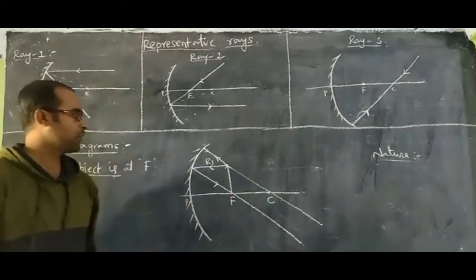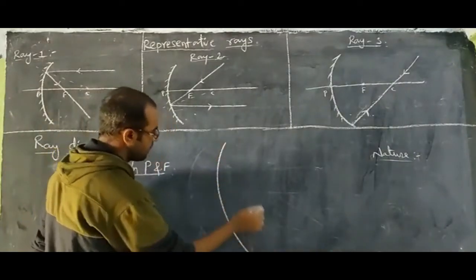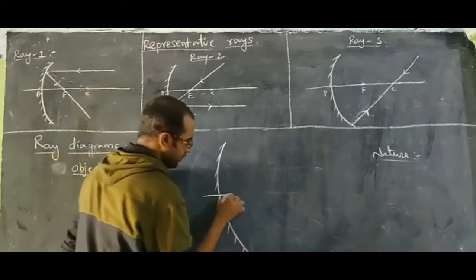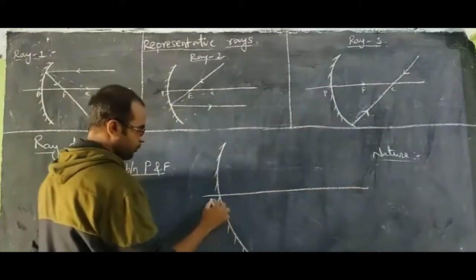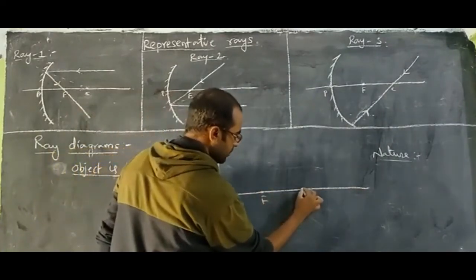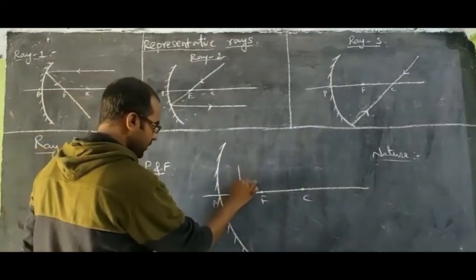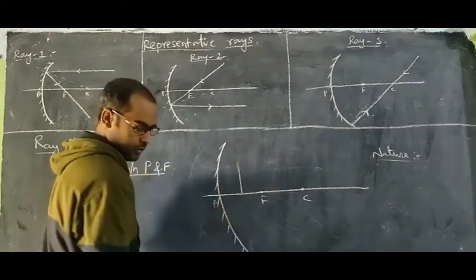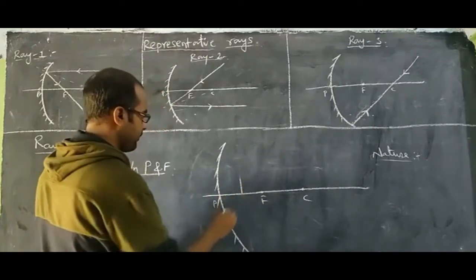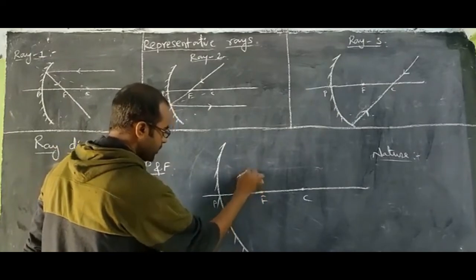Is it clear? Yes. The next case is when the object is between P and F. Let us say this: pole, focus, center of curvature, and now the object is between P and F. Object O dash.